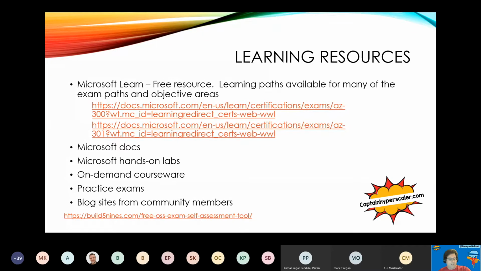Also, Microsoft Docs is a great place to continue to read about the objectives and learn about the objectives. Microsoft has some hands-on labs that you can utilize. There's a lot of on-demand courseware out there from many organizations, my organization being one of them. Practice exams, Microsoft does have certified practice exams around that get you prepared for the types of questions that might be asked on the exams.